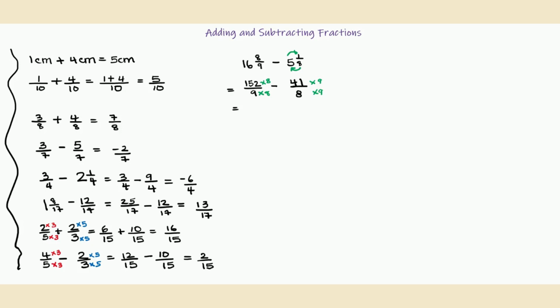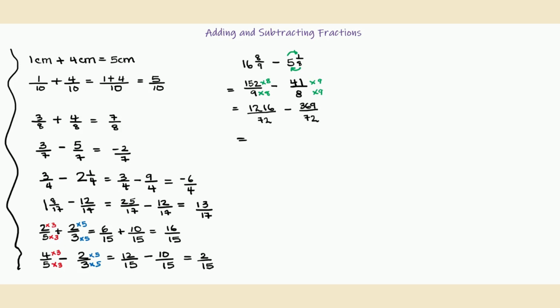We'll definitely need a calculator for this. So 152 times 8 is 1,216, and 8 times 9 is 72. Minus 41 times 9, which is 369 over 72.